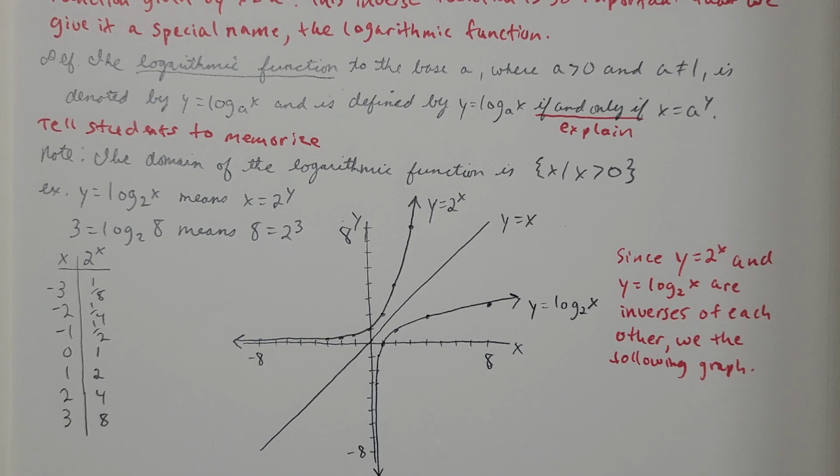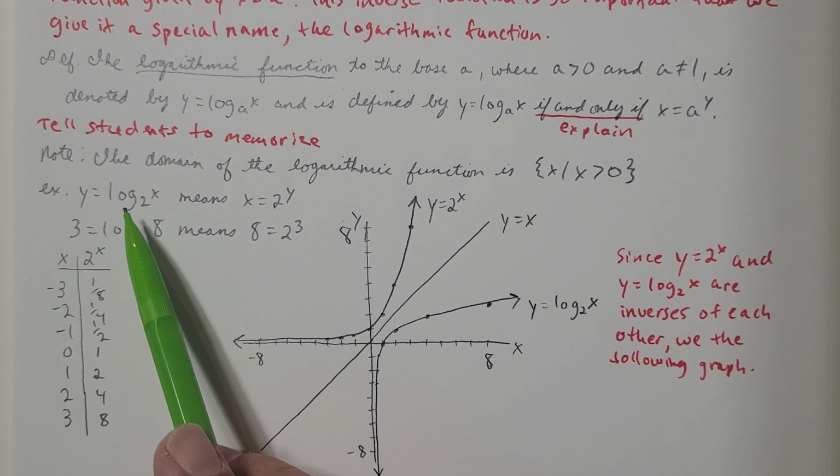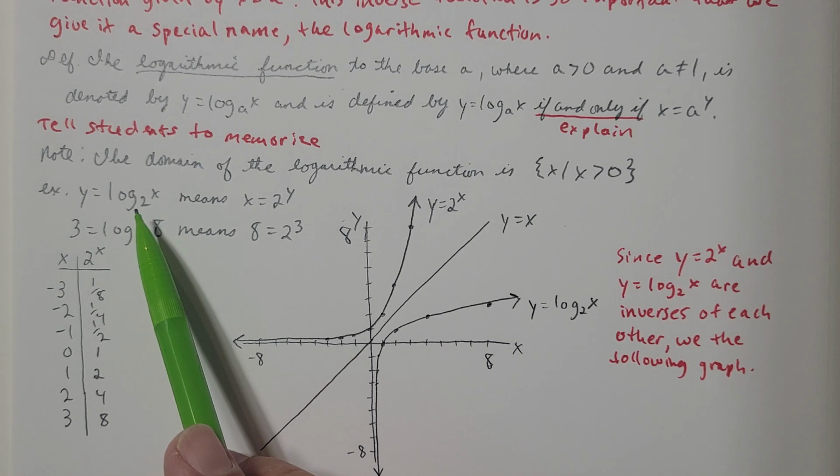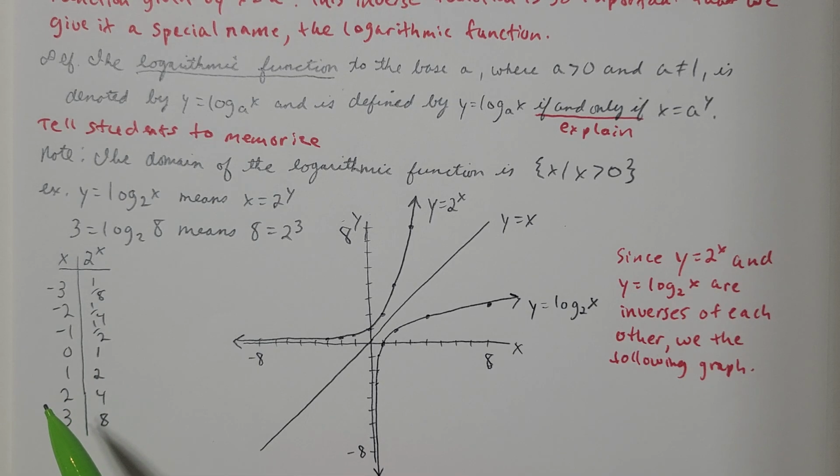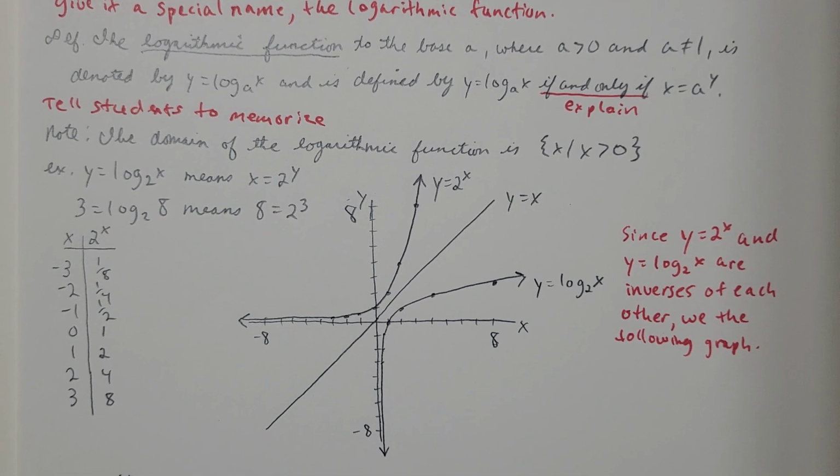So now the next thing that I want us to do is I want us to get a graph of y equals log base 2 of x. Before we do that, I'm going to have us first regraph y equals 2 to the x, because y equals 2 to the x is going to play a role in how I get the graph of y equals log base 2 of x. Okay?